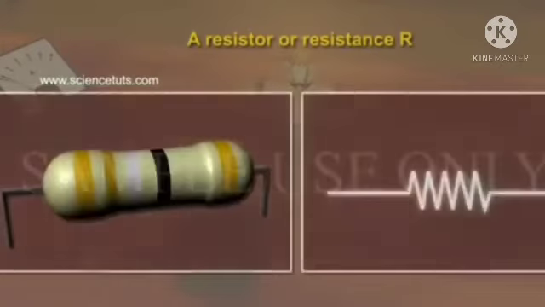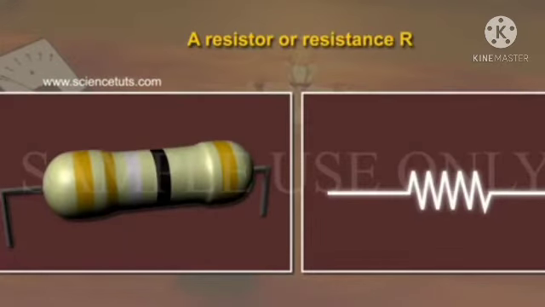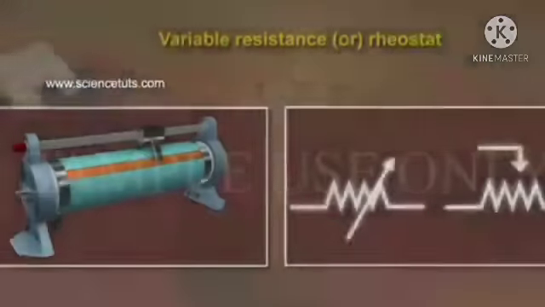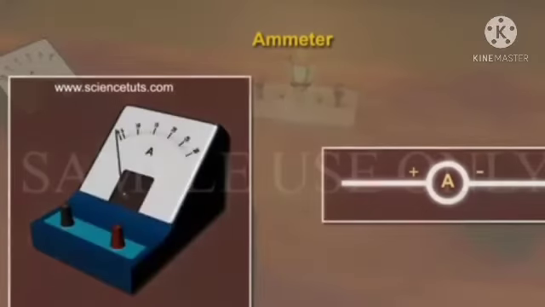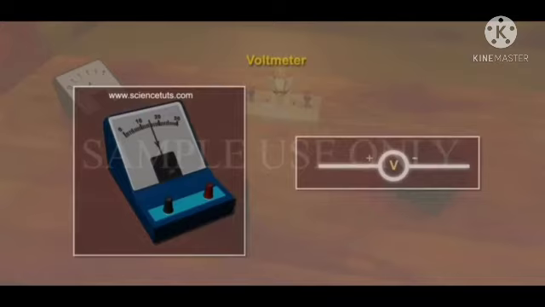Electric bulb, resistor or resistance, capital R. Variable resistance or rheostat. Ammeter, which measures the current, and voltmeter, which measures voltage. That device is called the voltmeter.